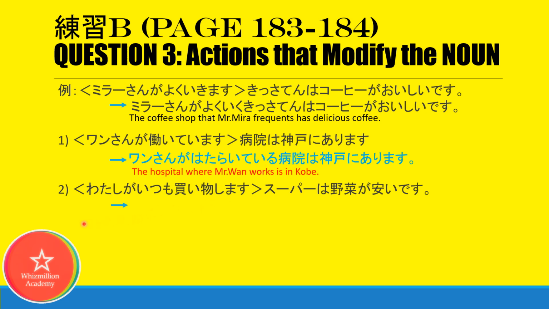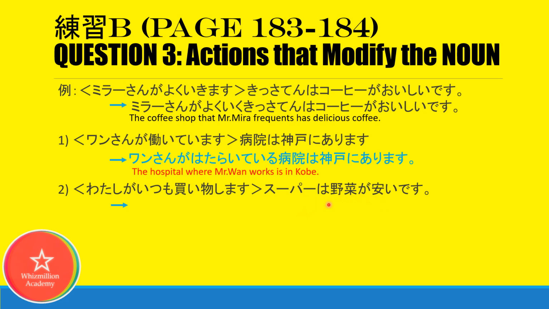Okay, second question. 私がいつも買い物します。I always shop. Okay, this is the action word. And then the second sentence is スーパーは野菜が安いです。So the supermarket has cheap vegetables.